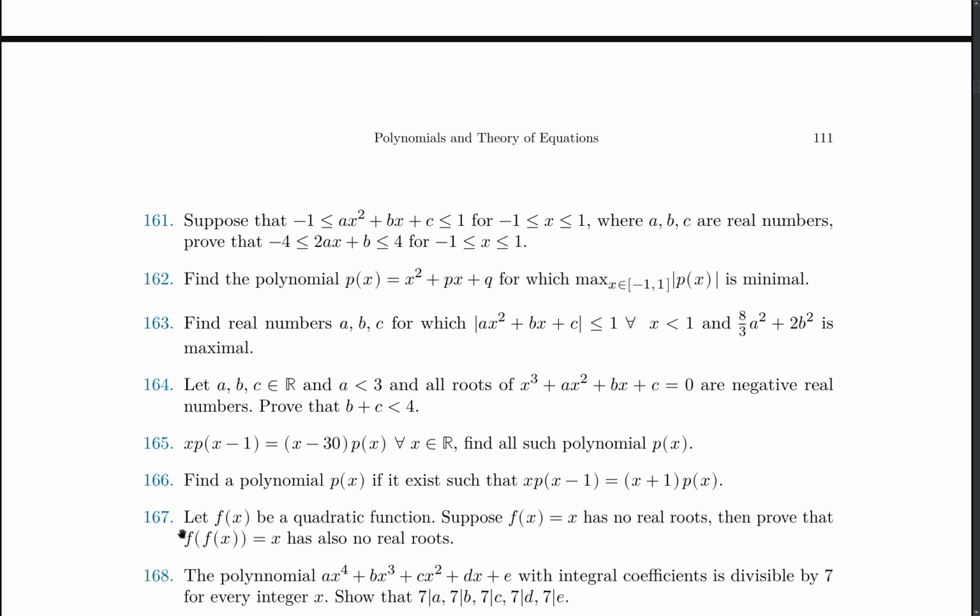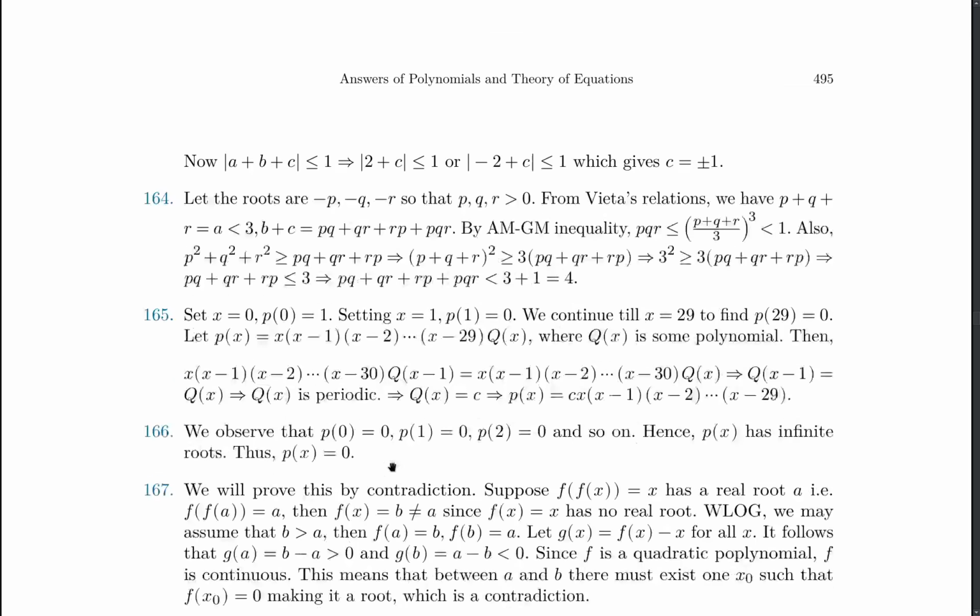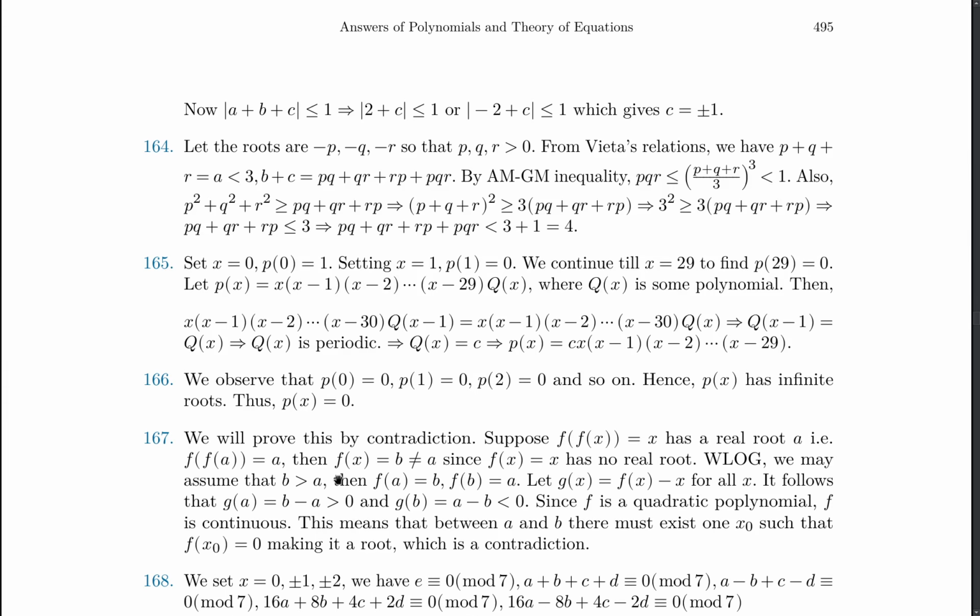Question 167 says that let f of x be a quadratic function. Suppose f of x is equal to x has no real roots, then prove that f of f of x is equal to x has also no real roots. So this can be a counterintuitive problem, but we'll try to make it easy. So the solution is by contradiction. Suppose f of f of x is equal to x has a real root a.